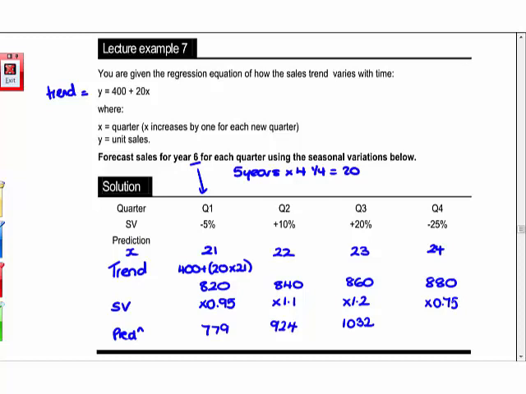So that's a prediction of 660. So that is an example then of a section A question that could combine both linear regression and time series analysis and get you to work out a prediction. And it would be most likely to ask for your prediction for one of the quarters. But by doing all four, we get a bit more practice in.